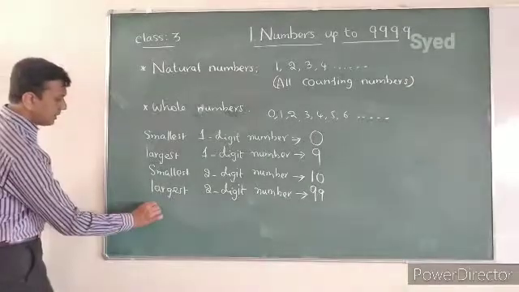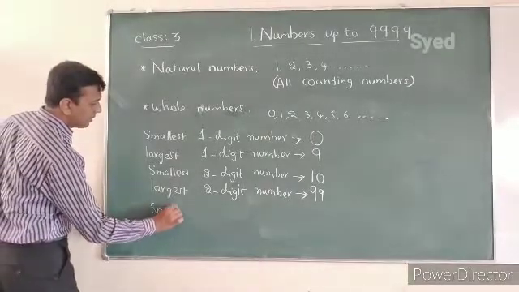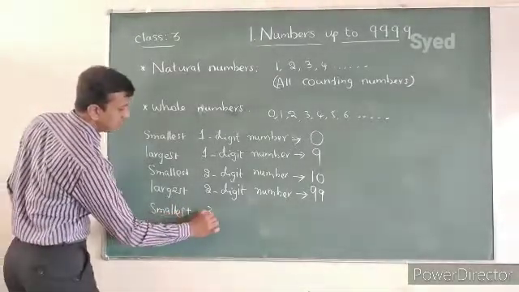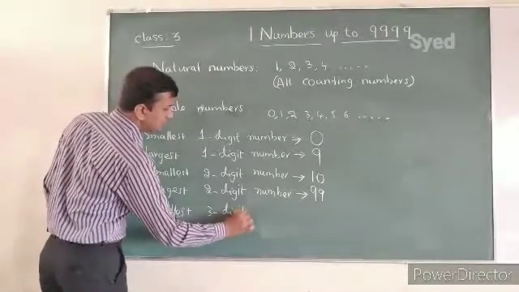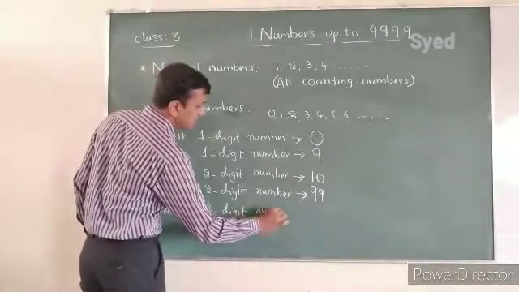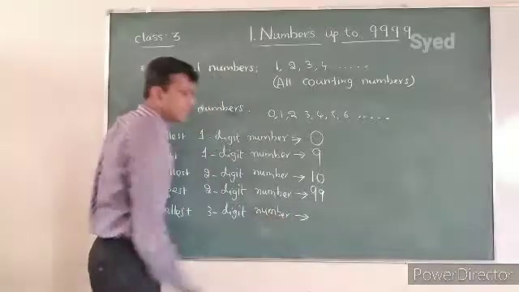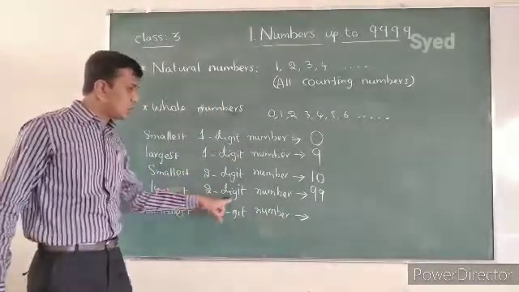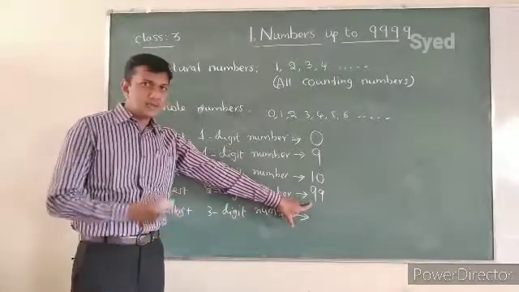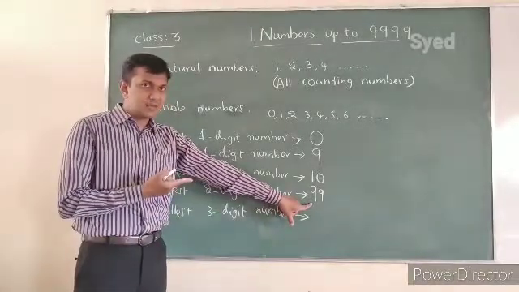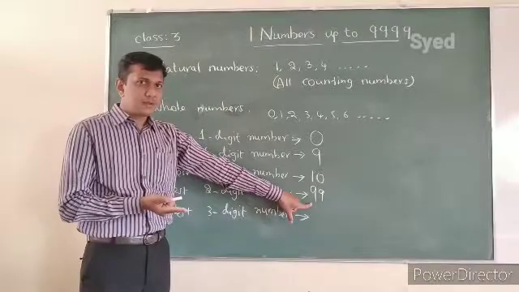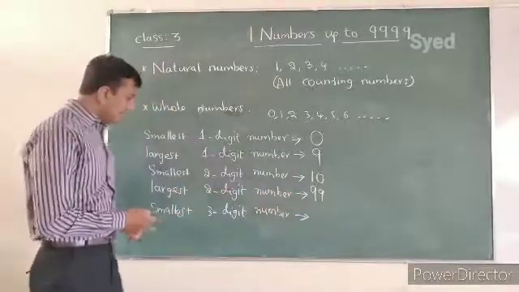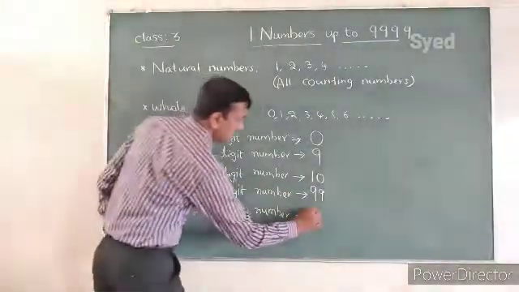99. Similarly, the smallest 3 digit number. Same logic. Where the largest 2 digit number ends, that means 99 is the largest 2 digit number, after this, 100. That is the smallest 3 digit number.